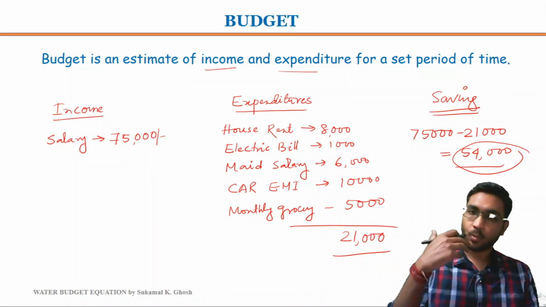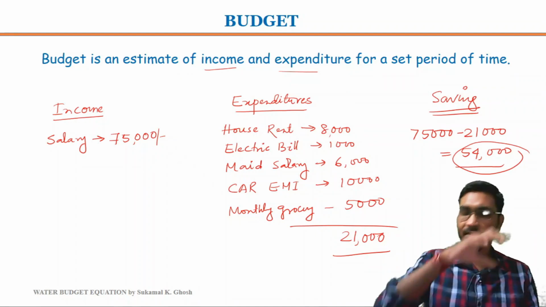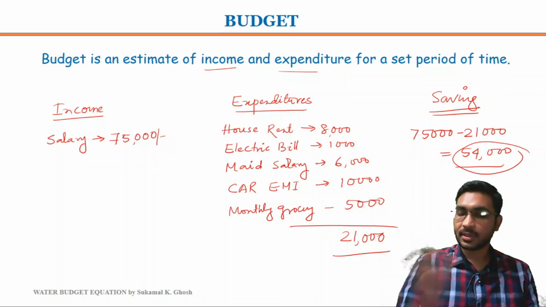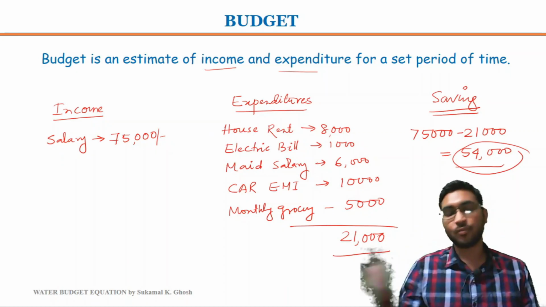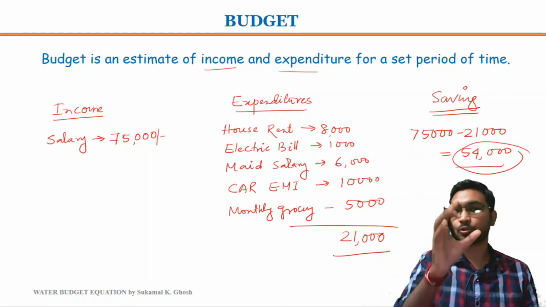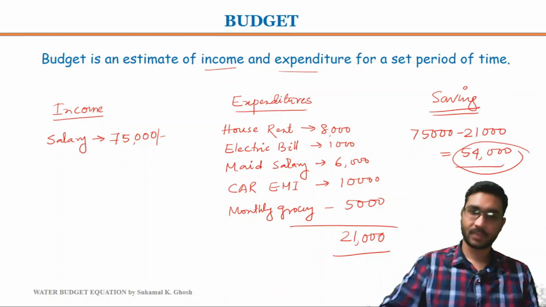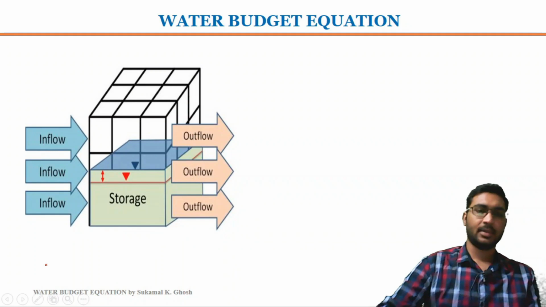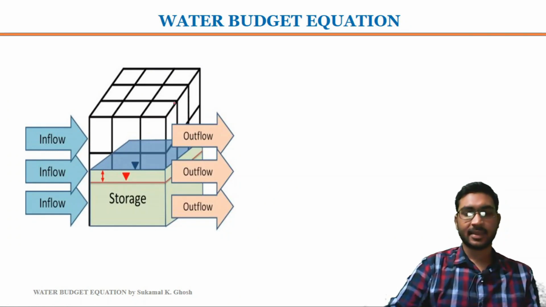So for water in a particular catchment area, the inflow of water minus the outflow of water will be equal to the storage of water. Now this is a diagrammatic representation of the water budget equation.